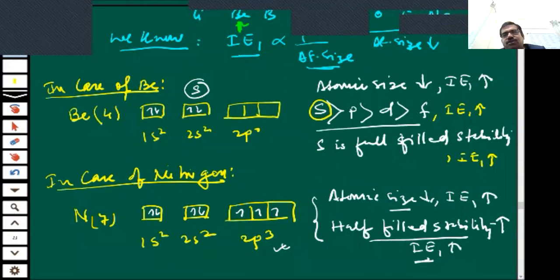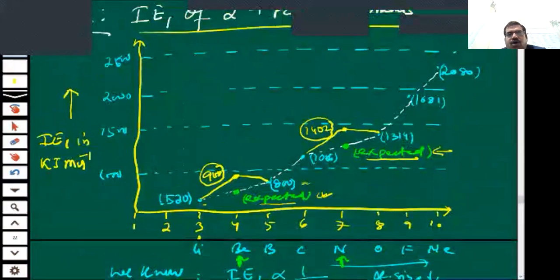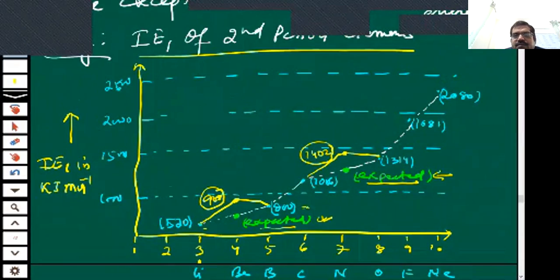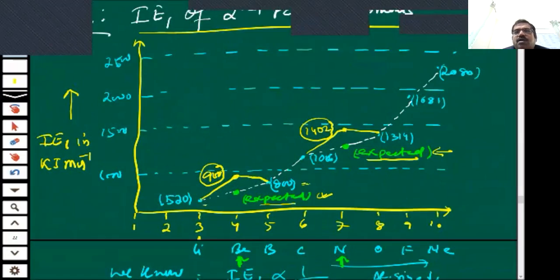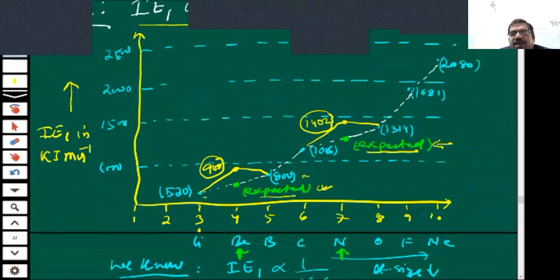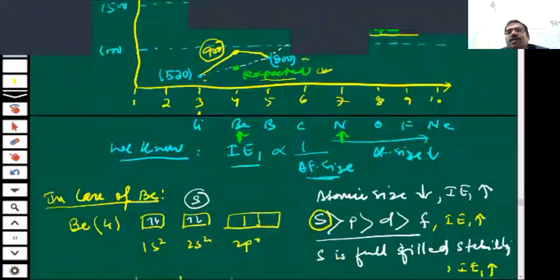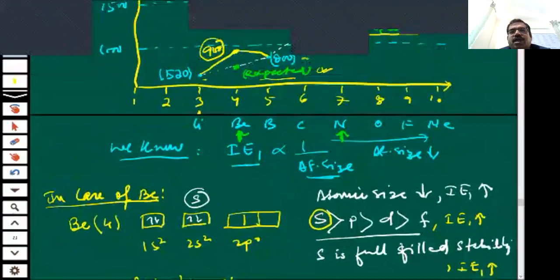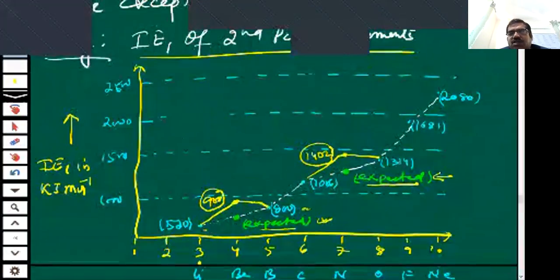So after this, in the second period, how many exceptional cases are there? In the second period, please respond to me. How many exceptional cases are there?